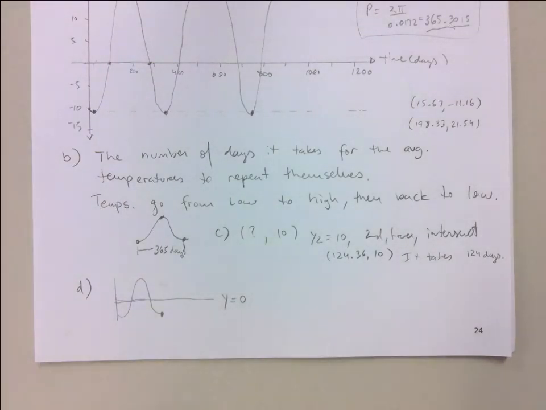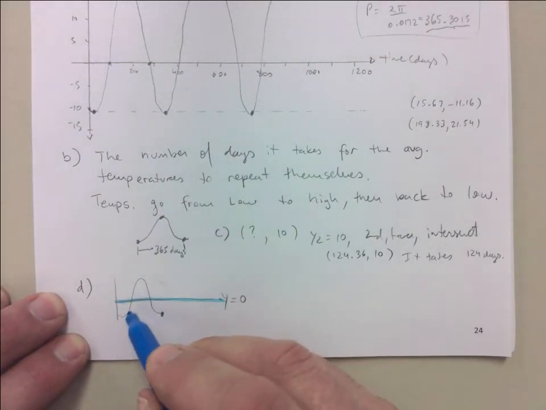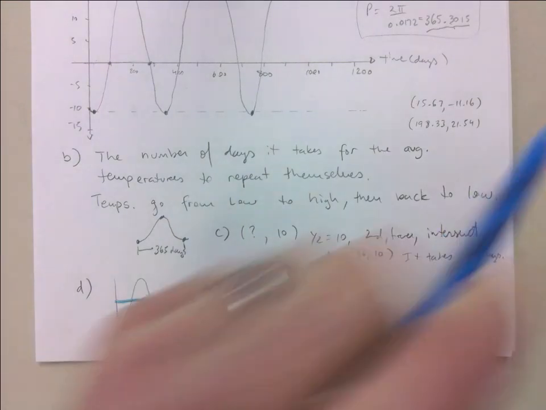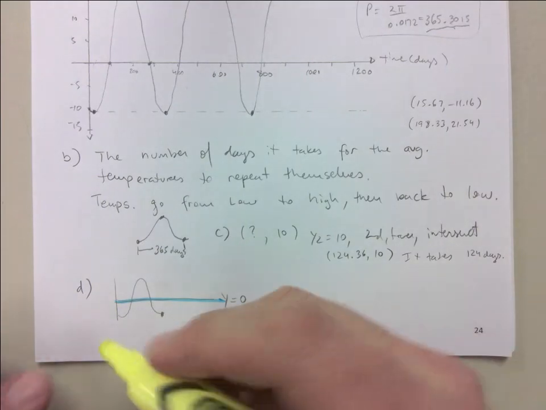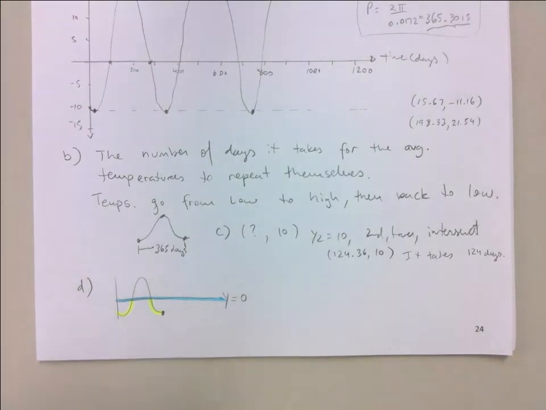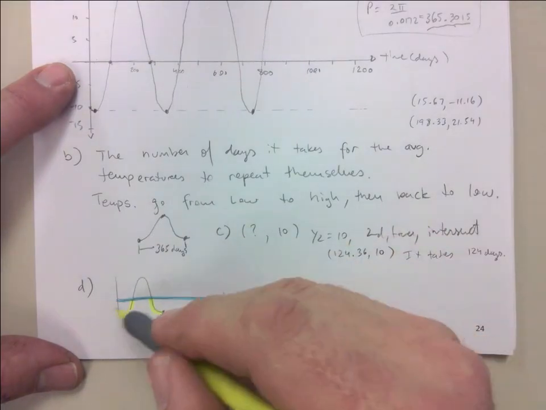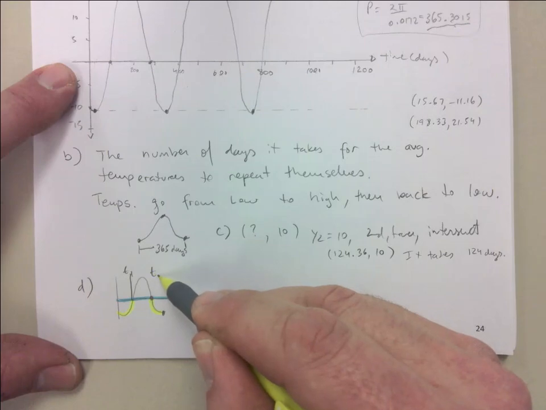Below or above the, yeah, this is my freezing line. We're interested in this stretch, right? We're interested in what happens here and here. We want to know how long the temperatures are below that freezing line. So let's figure out time 1 and let's figure out time 2.